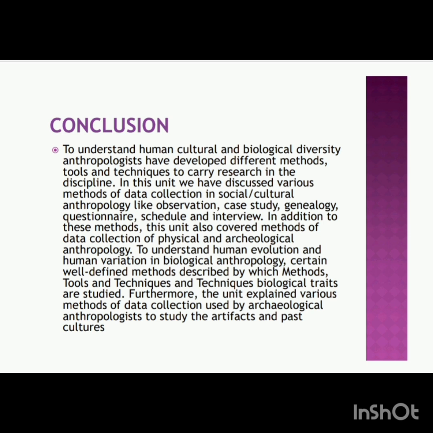In this unit, we have discussed various methods of data collection, social, cultural, biological, physical, etc., like observation, case study, genealogy, questionnaire, schedule, interview, and others like excavation, exploration, site survey, etc., and also about artifacts and past cultures. To understand human evolution, we need to know the methods of data collection of different branches of anthropology.